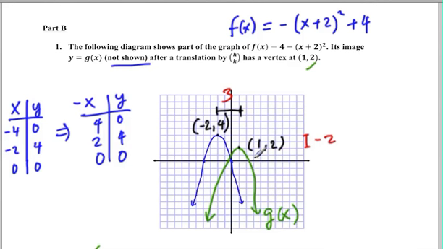So (4, 0) is right there. (2, 4) is right here. And (0, 0) is right there. In other words, if I just had to graph this, it would go like that, go like that. So this red graph right here is basically f of negative x.